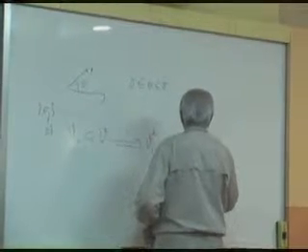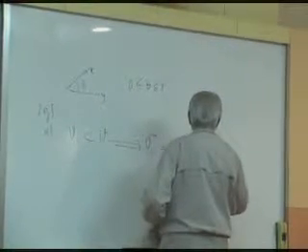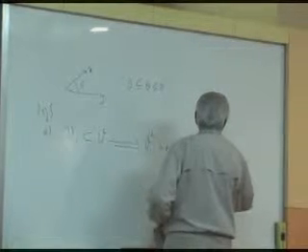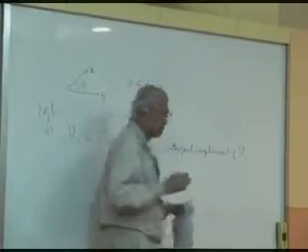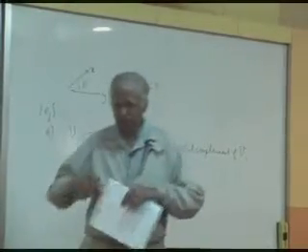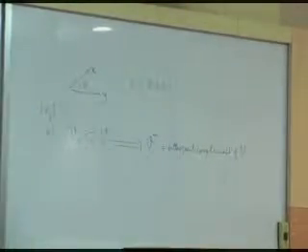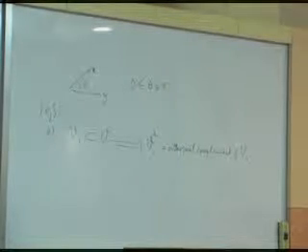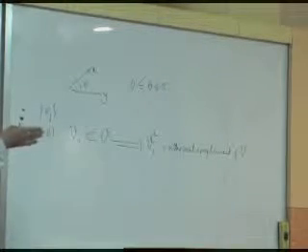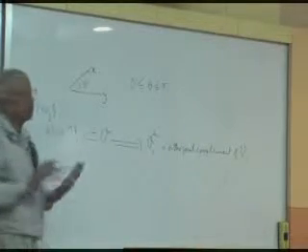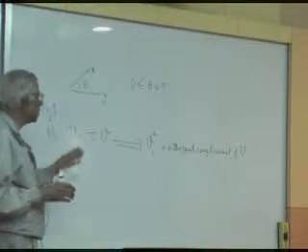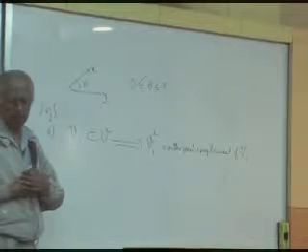It is called the orthogonal complement of V1. It consists of all vectors in the full vector space which are perpendicular to all vectors in V1. So that's called the orthogonal complement.